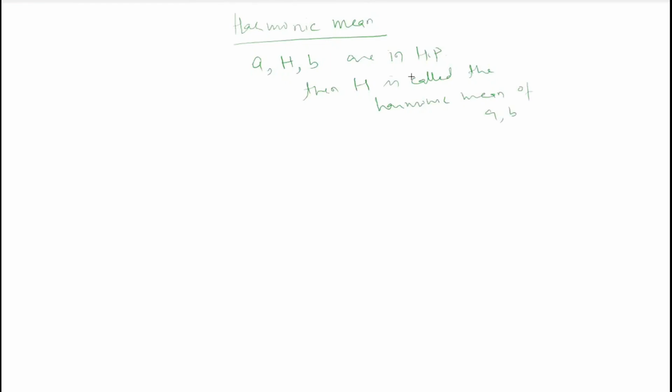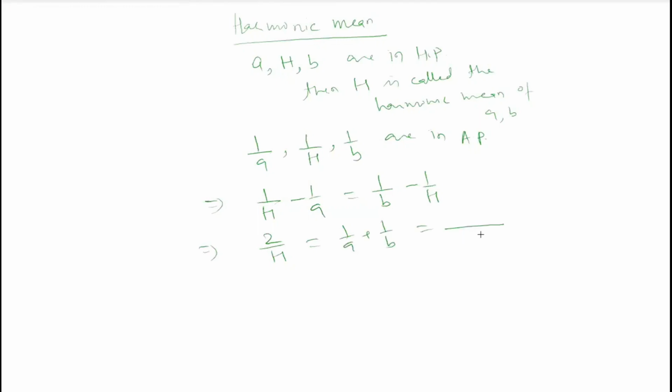So as they are in HP, I can say that 1 by A, comma 1 by H, comma 1 by B are in AP. If they are in AP, then I can say that 1 by H minus 1 by A would be equal to 1 by B minus 1 by H. Or I can say this 2 by H is actually equal to 1 by A plus 1 by B. Or I can say this is actually equal to A plus B upon AB.